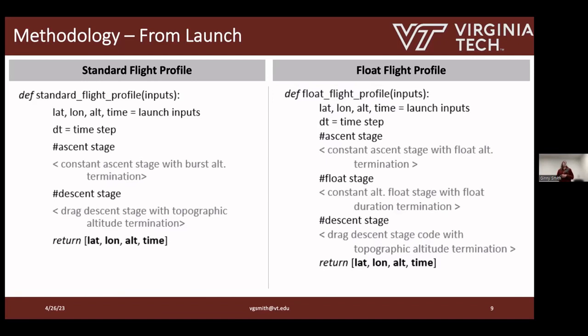On the left here, you have your standard flight profile, which is ascent, pop, descent. You can see you have your ascent stage here, which is that pseudocode I briefly talked through, and then your descent stage. On the right-hand side, you have your float flight profile, which has the ascent stage, float stage, and descent stage, as you saw on the previous slide.